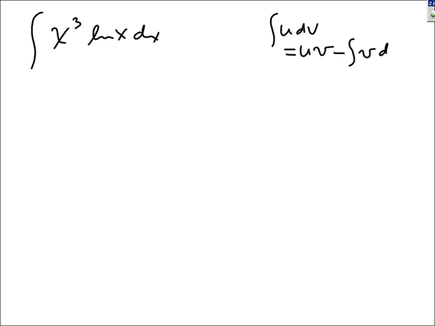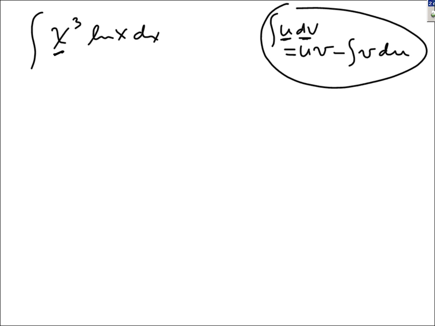Suppose we have the integral of x cubed times ln of x dx. Remember, the integral of u dv is equal to uv minus the integral of v du. So, call part of my integral on the left u and the rest dv.